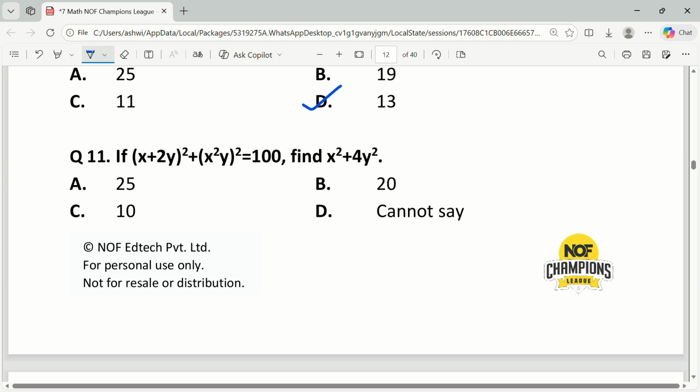Question 11. If x plus 2y whole square plus x square plus y square is equal to 100, find x square plus 4y square.